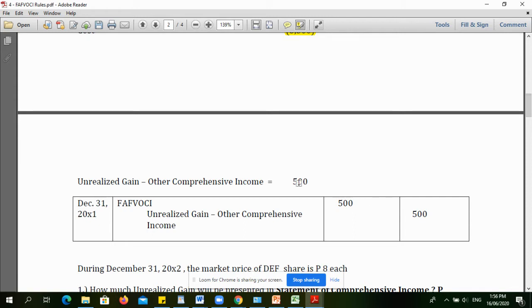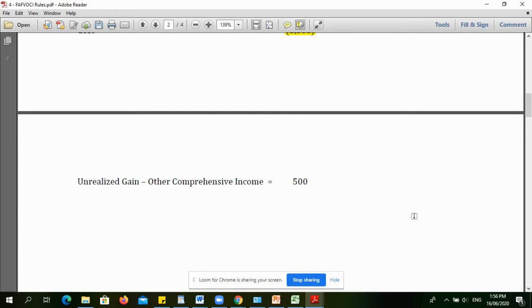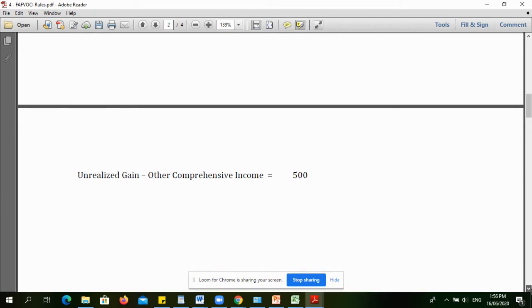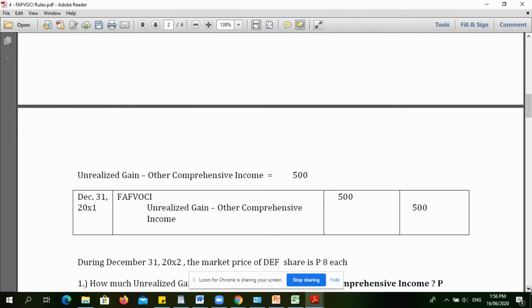So that's why we debit FAFVOCI, we credit unrealized gain. Remember, fair value changes are recognized in other comprehensive income. So okay, that's why the credit is 500. Okay, so again, this is the journal entry.